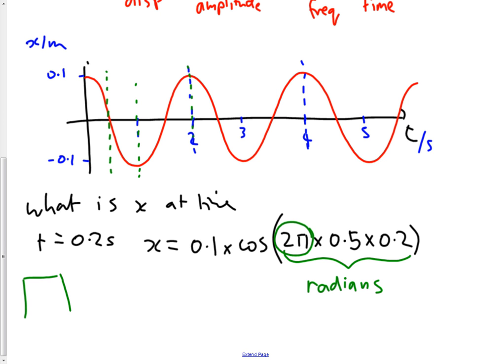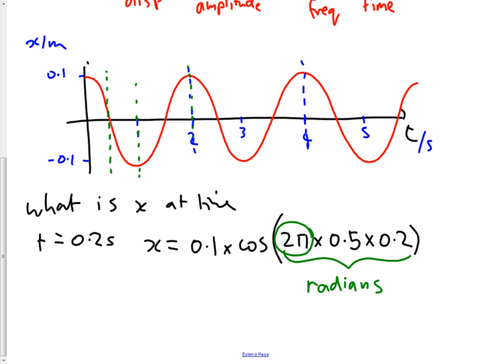Somewhere on your screen there'll be a little square, probably with either a D in it or an R in it, and you want to make sure you've got a little R in that square. So I'm going to change my calculator into radians so I get the right answer. Sorry for the delay there.